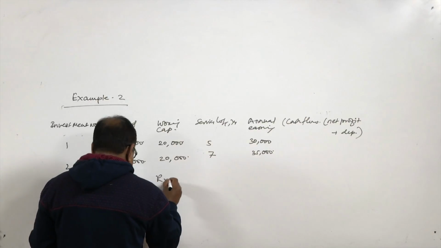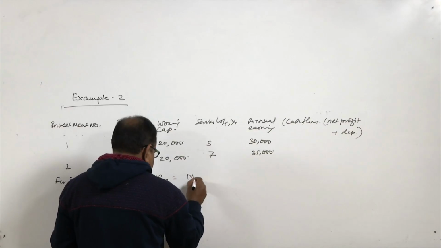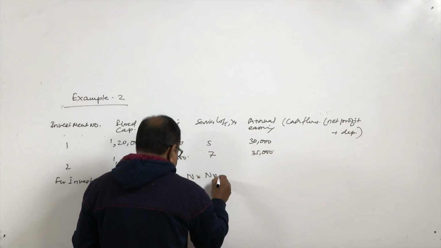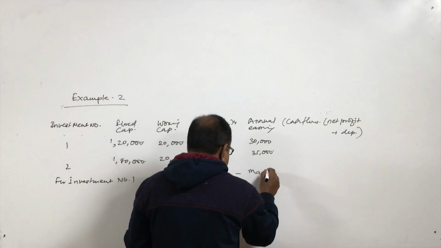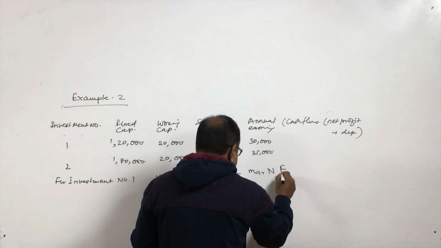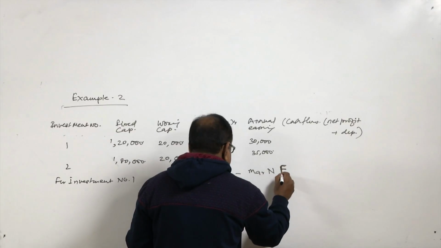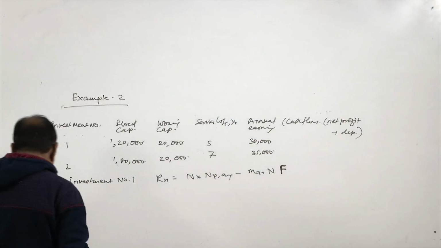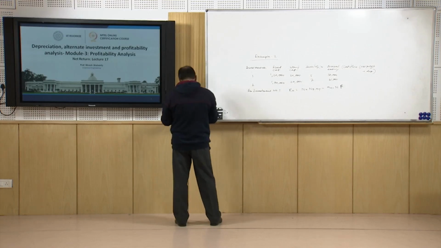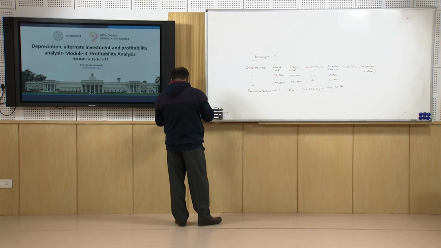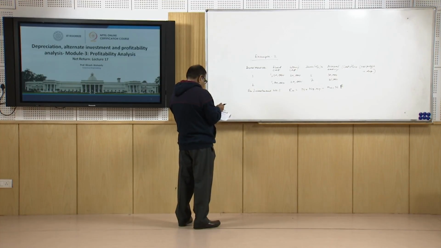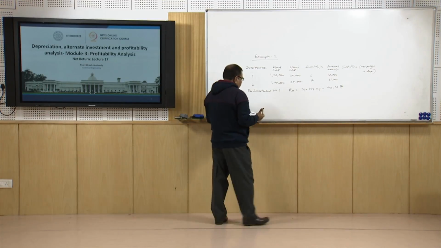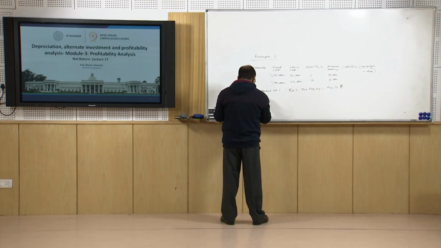my formula is Rn is equal to n into NP average minus MAR into n into F, capital F. Now, what is given?